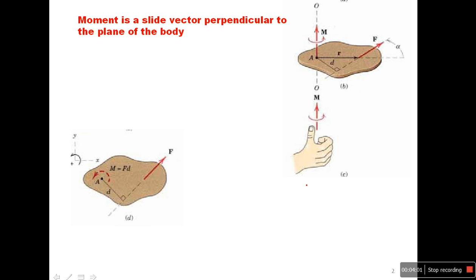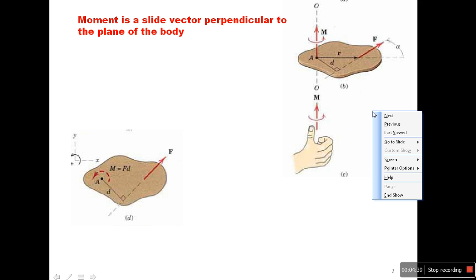This is the right hand rule: the fingers refer to the direction of rotation, while the thumb refers to the direction of the moment vector. We call this the right hand rule.